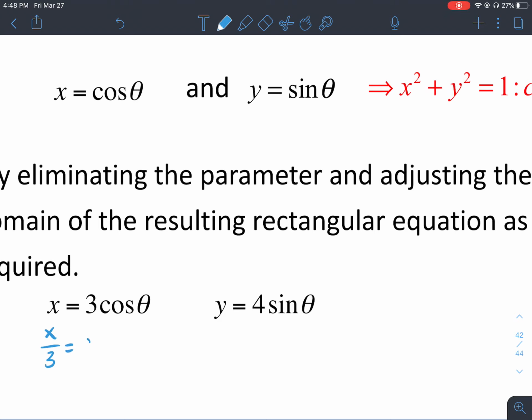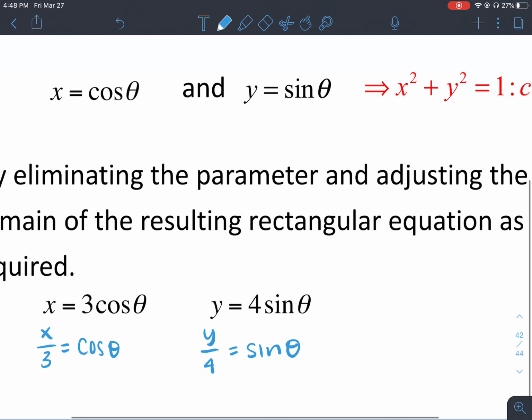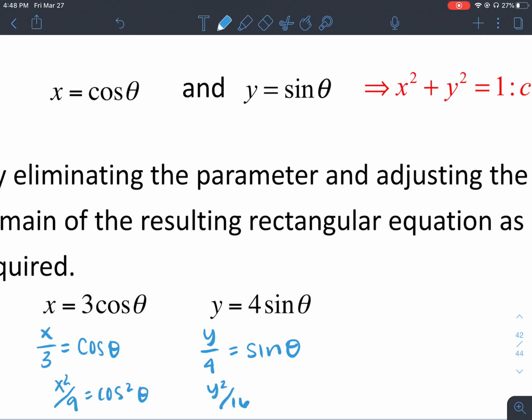X equals 3 cosine theta says x divided by 3 has to equal cosine theta. And then y divided by 4 has to equal sine theta. Now if you square both sides, x squared over 9 equals cosine squared theta, and y squared over 16 equals sine squared theta.